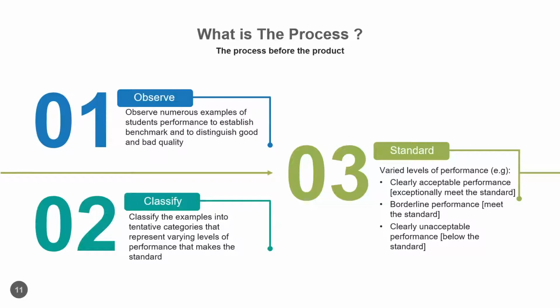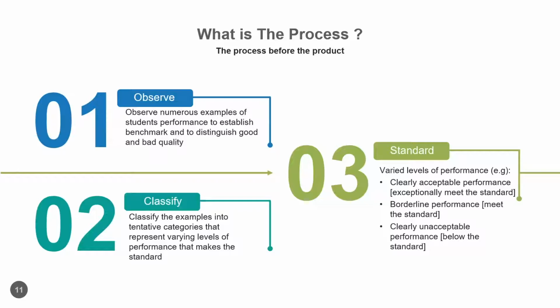That will be the main arrangement. But of course, the scale could be 3, could be 5, could be 7. That's up to you. Right. So you classify the examples into sensitive categories that represent varying levels of performance. That's what I mean by below standard, meeting the standard, and exceptionally high.